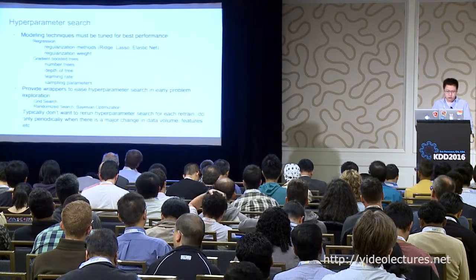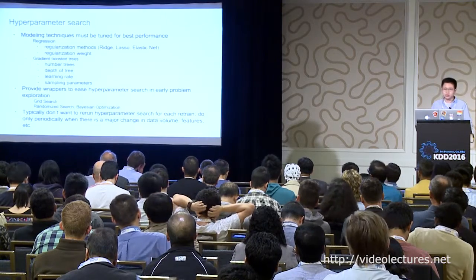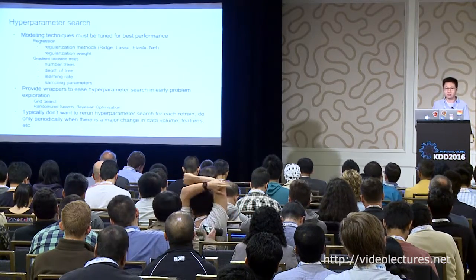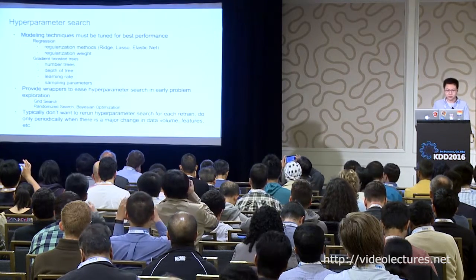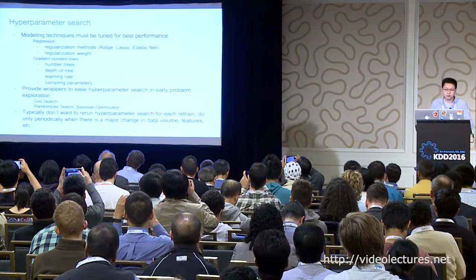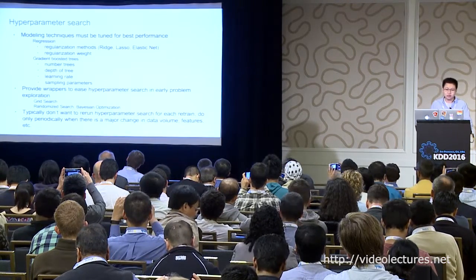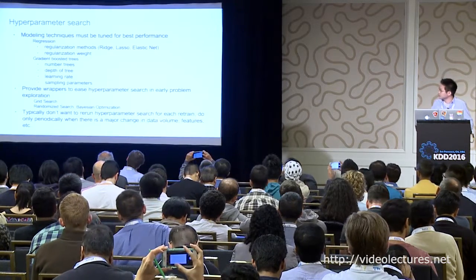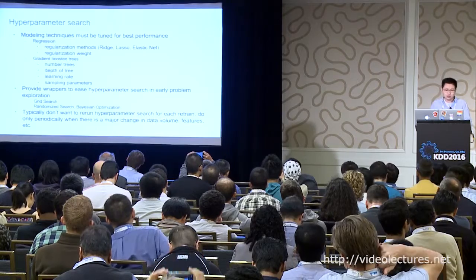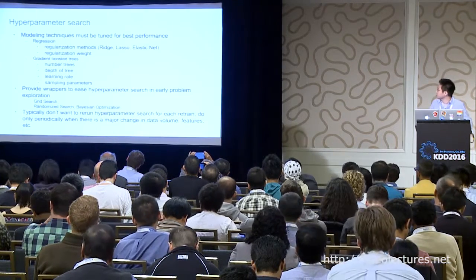Okay. So next we are going to talk about hyperparameter search. A lot of machine learning models have a lot of parameters to be tuned to achieve the best performance. For example, for regression models, we first need to choose regularization methods, and for each of the methods, we need to set their corresponding weights to set the regularization strengths.